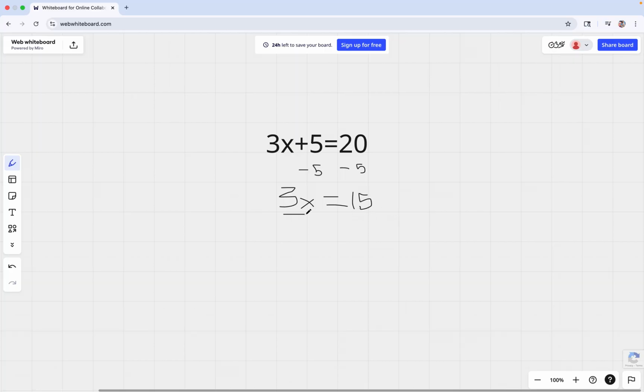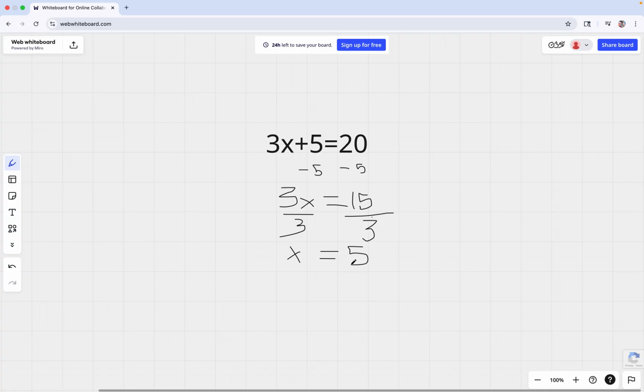If we divide both of them by 3, you will eventually get the answer of x, because 3x divided by 3 is x. And then here it will equal 5, because 15 divided by 3 is 5. So that's how we get x equals 5.